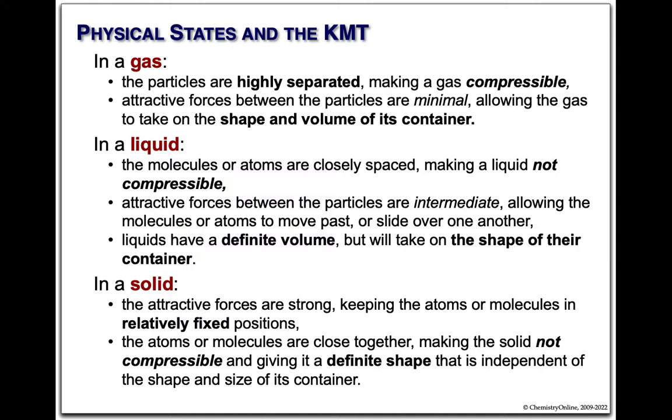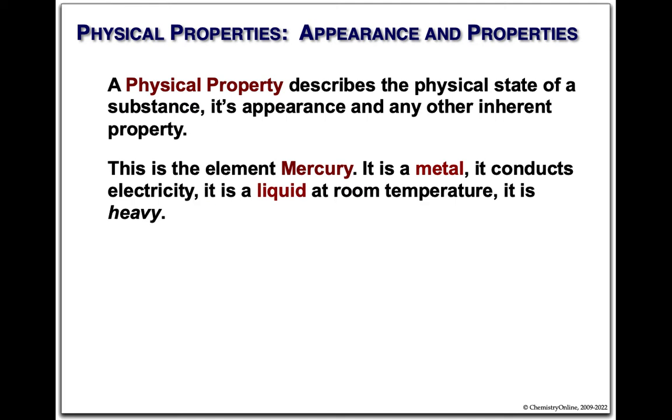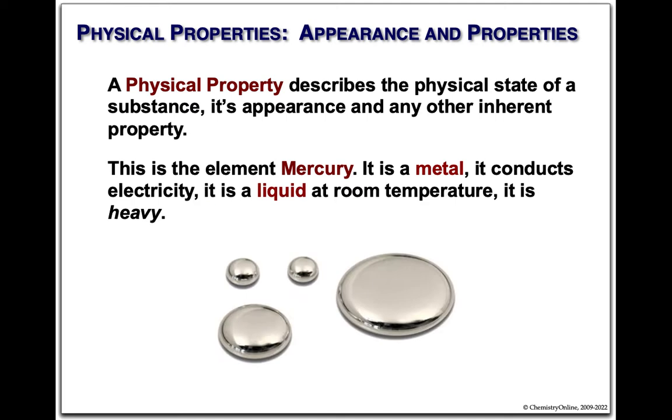All right, let's go a little more into the concept of physical properties. Remember, it describes the physical state of a substance, its appearance, or any other inherent property. That's what a physical property is, how you describe something. This is mercury.